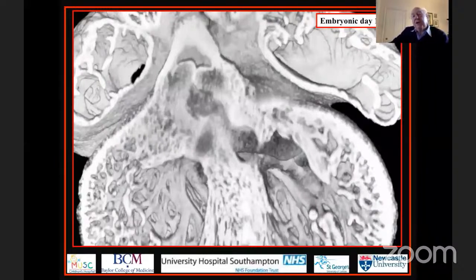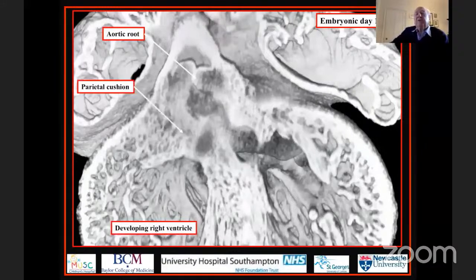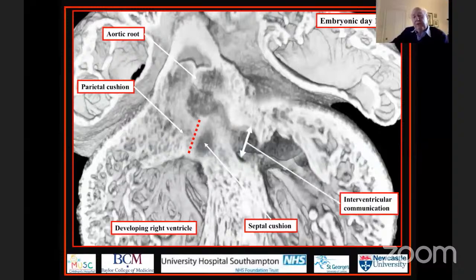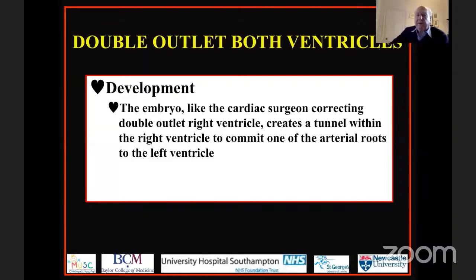And this is a stage a little bit later in the mouse heart, 1 day later, when those cushions have fused. But you see, the aortic root is still above the cavity of the right ventricle. But the proximal cushion and the septal proximal cushion have now fused together, and they have built this shelf in the roof of the right ventricle, and that is turning the interventricular communication into the outflow tract for the left ventricle.